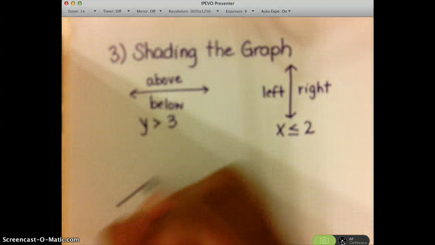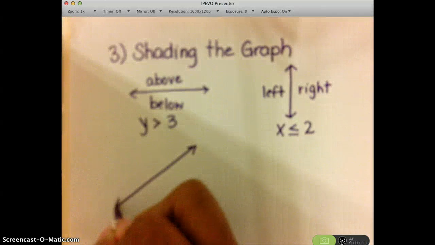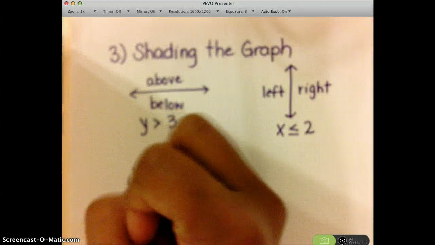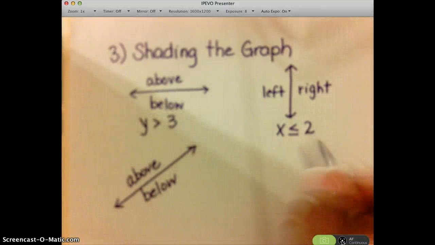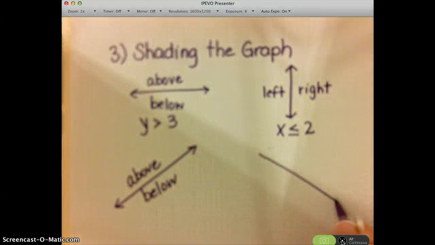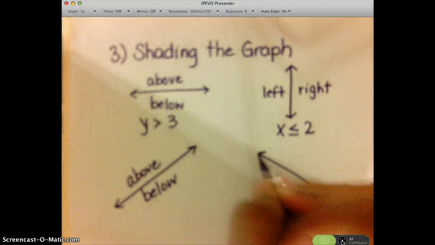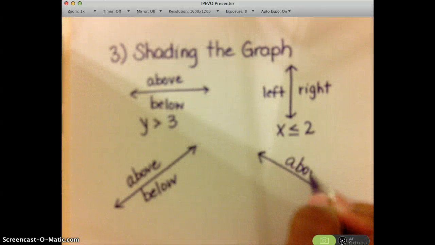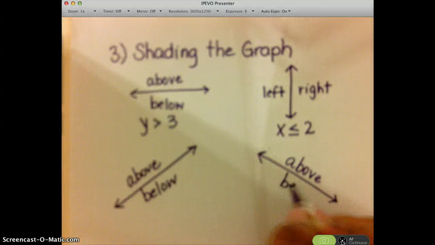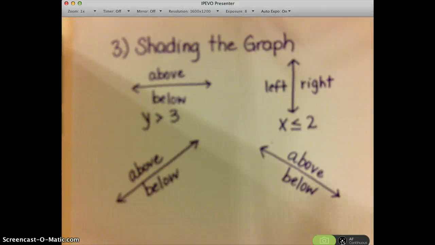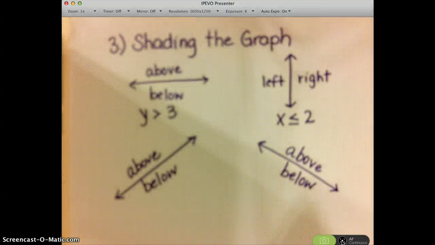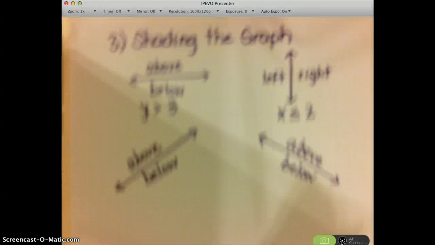Then we can have a line that has a positive slope. Then this is above, and here's below. Or we can have a line that has a negative slope, and here's above and below. So these are the 4 different types of graphs that we can have. Now, to determine how to shade, you're going to focus in on the inequality itself.